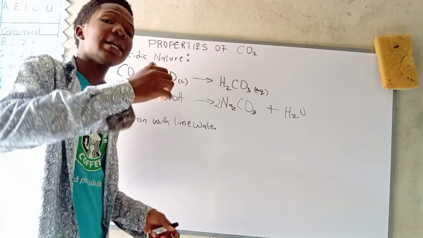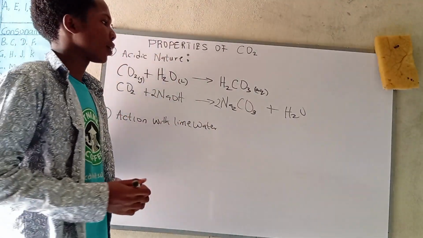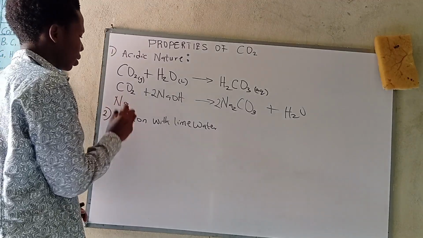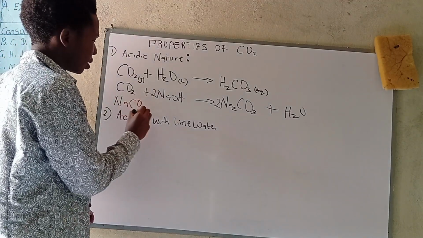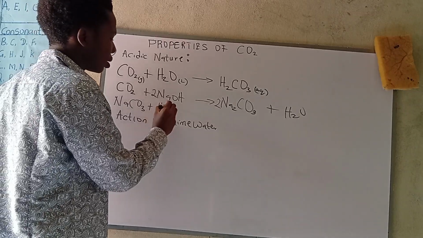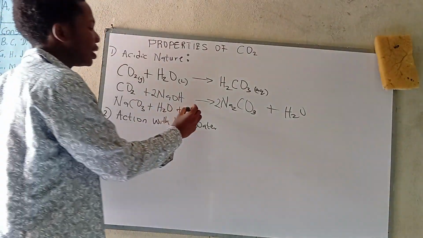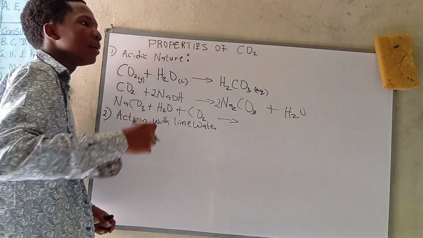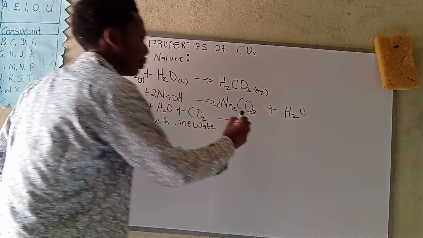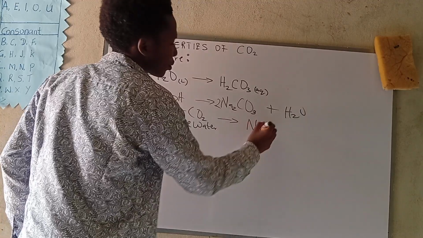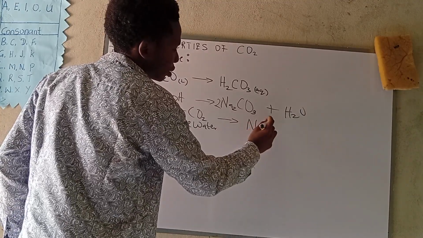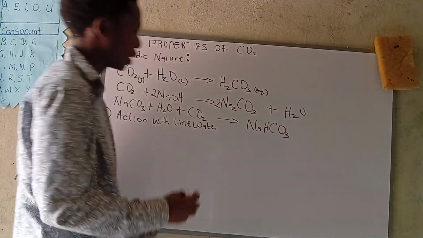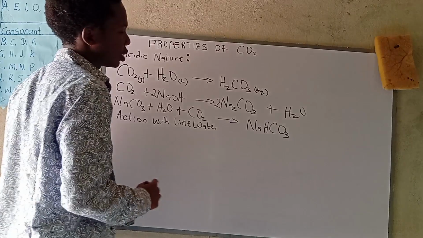In the presence of excess CO2, this reaction here, let's write it. Sodium trioxocarbonate(IV) and water with excess CO2, carbon dioxide, will give us what we call baking powder. Note it, baking powder. This is the formula for baking powder, note it.